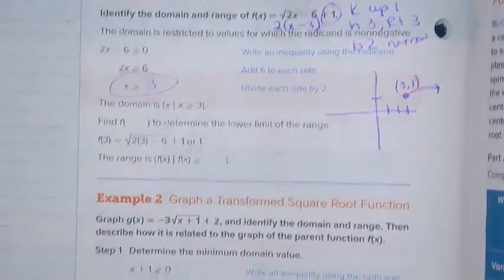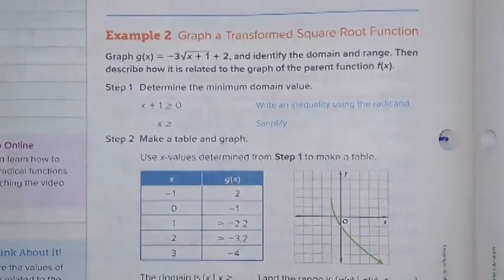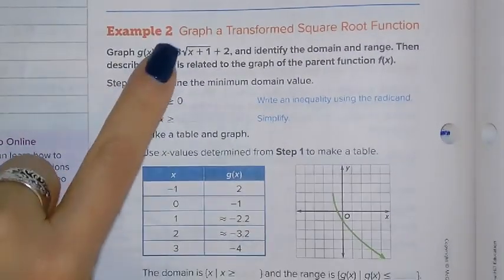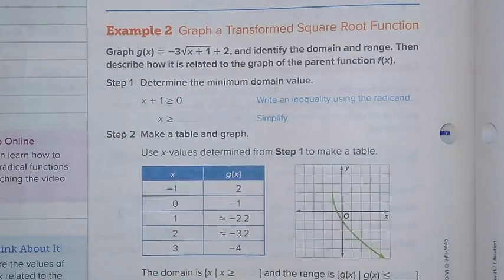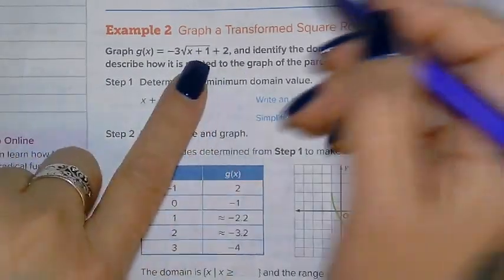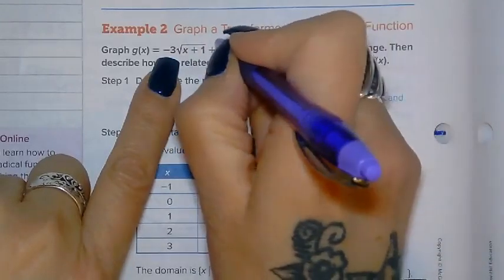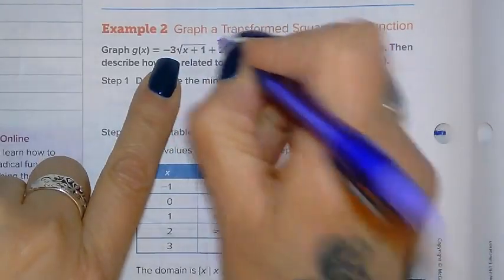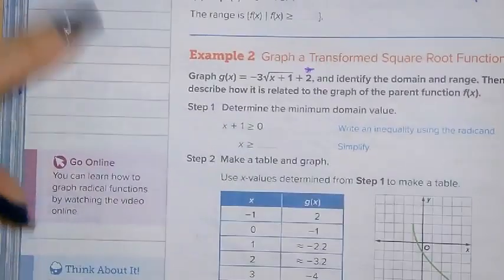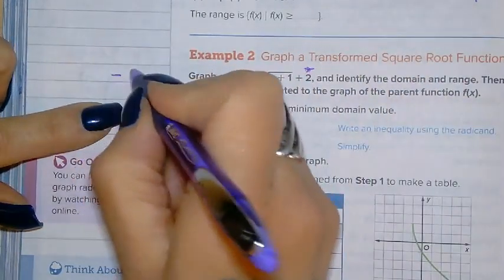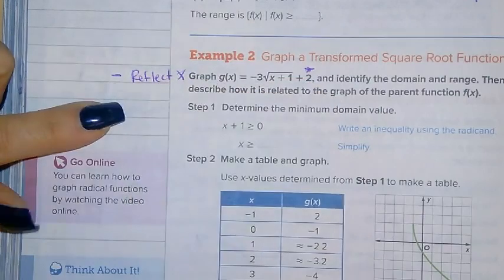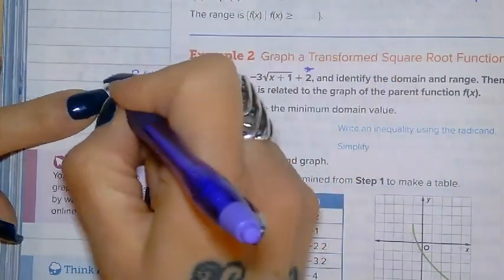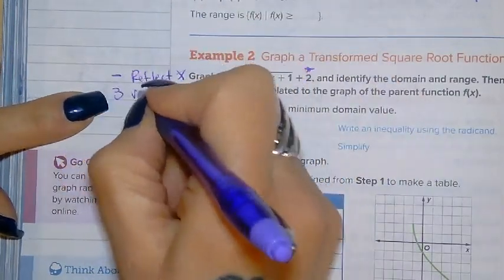All right, next one. We have 1, 2, I count that as 2, 3, 4 transformations. I'm going to write them right above. So negative, I'm going to write it to the left. Okay, so negative reflects on the x. 3 is a vertical stretch, which is narrow.